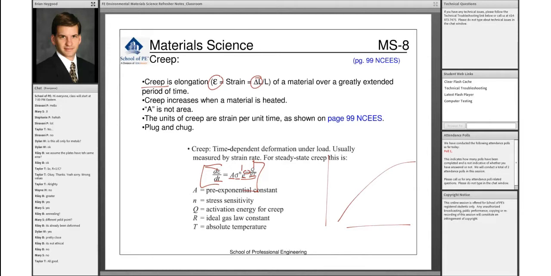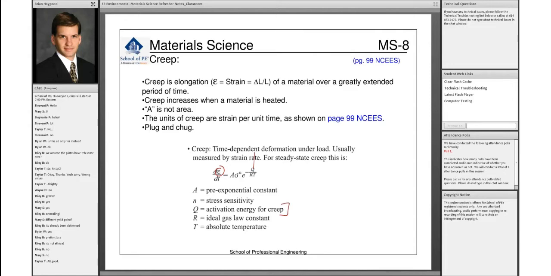So e to the positive something is exponential decay, or logarithmic decay, and e to the negative something is sort of an increase up to some limit value. So as something is heated up more and more, we might experience more creep.